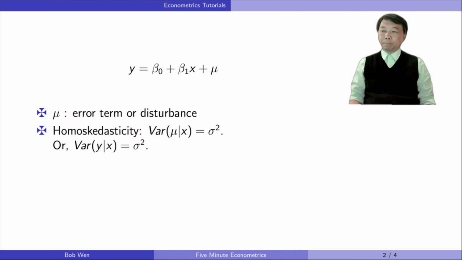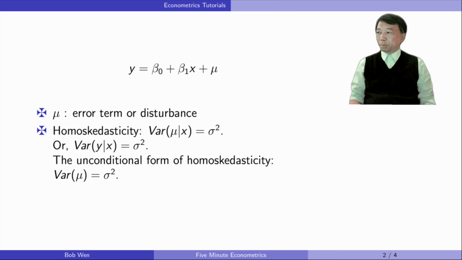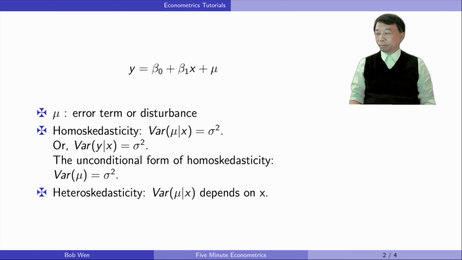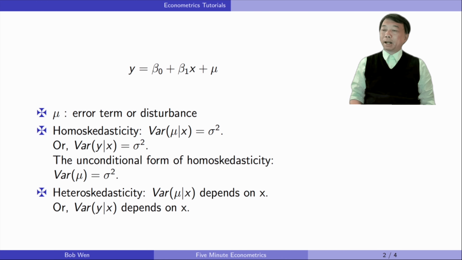In addition, it can be proved that the homoskedasticity assumption can also be expressed in an unconditional form. If the variance of the error term mu depends on the explanatory variable x, then the error term mu is said to exhibit heteroskedasticity or non-constant variance. Similarly, an equivalent definition of heteroskedasticity is that the variance of the outcome variable y depends on the explanatory variable x.